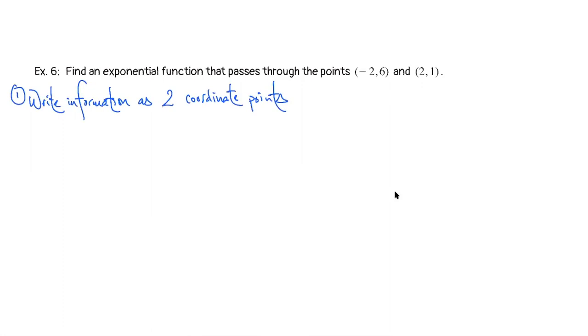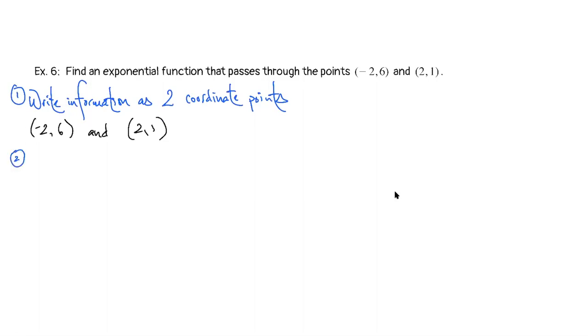Now, in number 6, they already did it for us. So we've got -2, 6 and 2, 1. Okay. But in the word problem, like number 5, they don't give that to you as a coordinate. You have to write it like that.